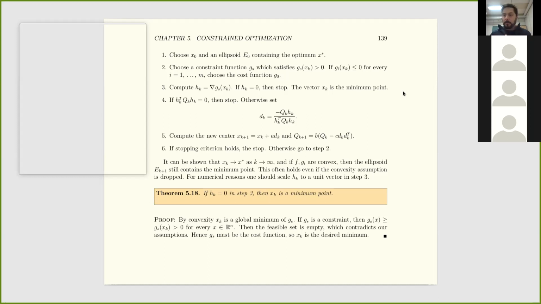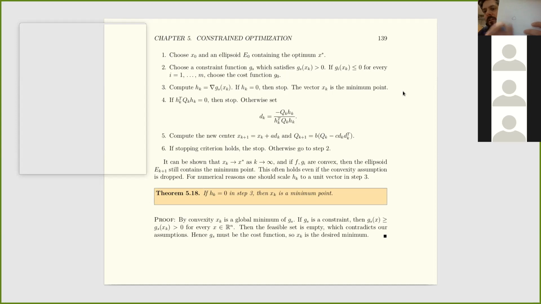Now, I'm just gonna draw a picture to give you an idea of what might be going on here. So in 2 dimensions, I'm just gonna draw a very simple picture. Let's say that this is the shape of my feasible region.